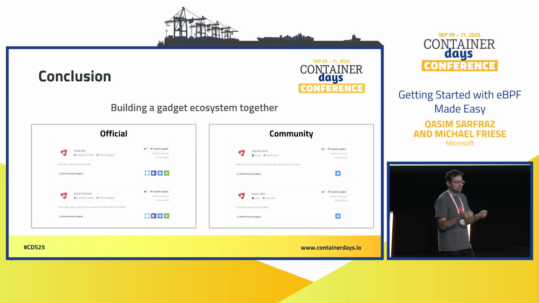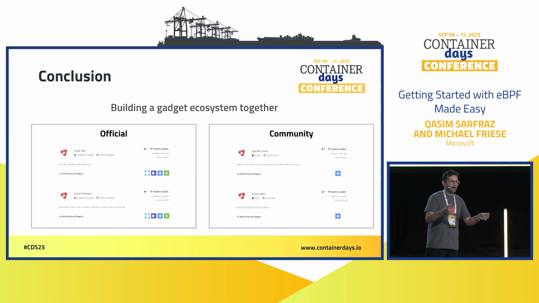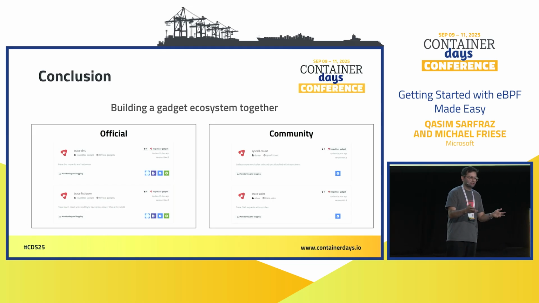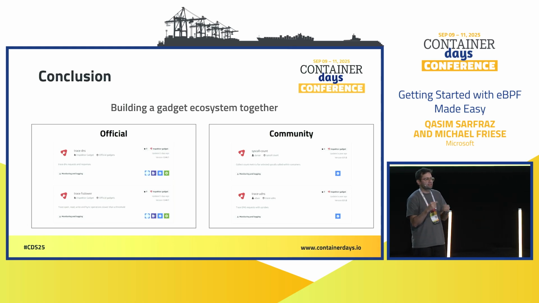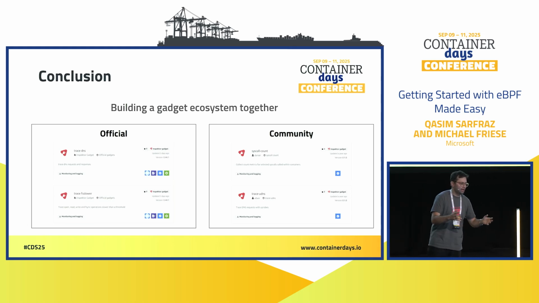You can help us by bringing in your use case that we can address with this official catalog of gadgets. And then you can also write your own gadgets and share them with everyone as community gadgets, as we call them, and then you can use Artifact Hub to make them discoverable for everyone else.